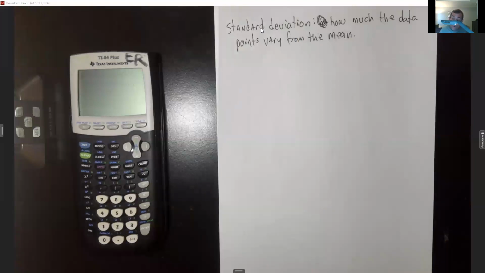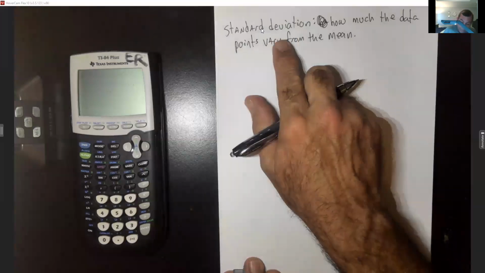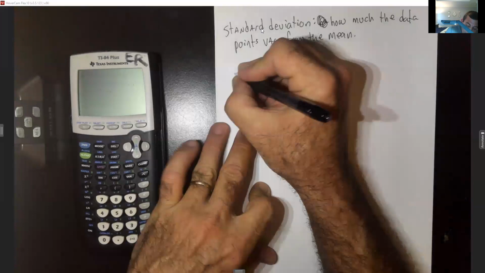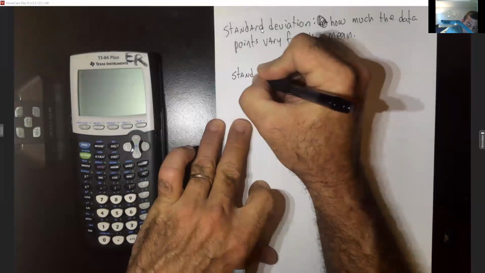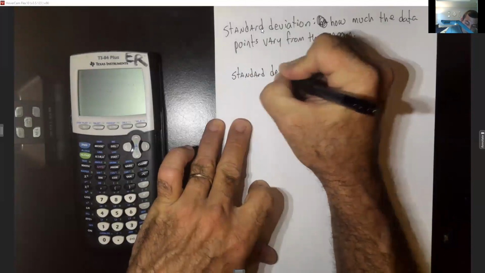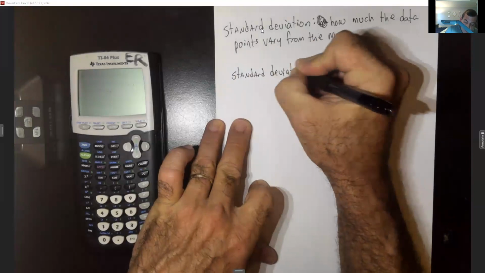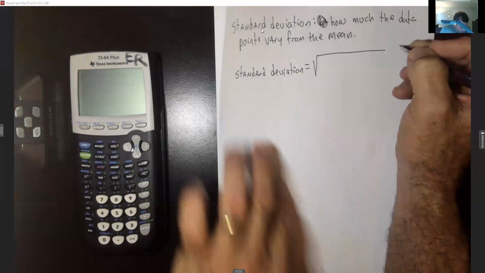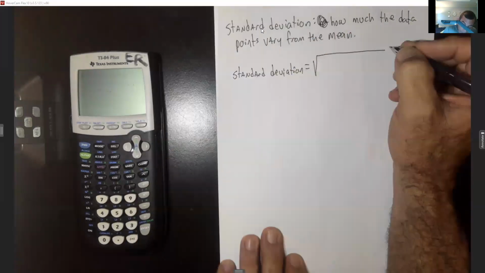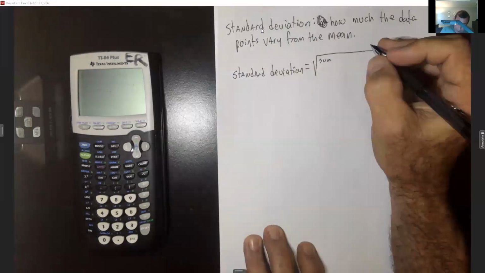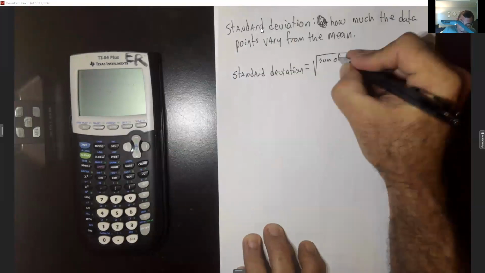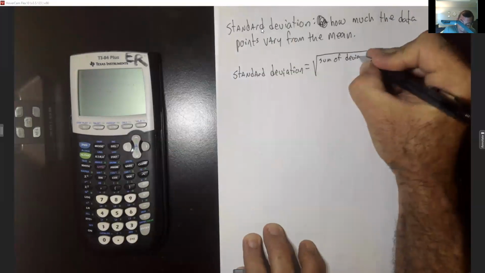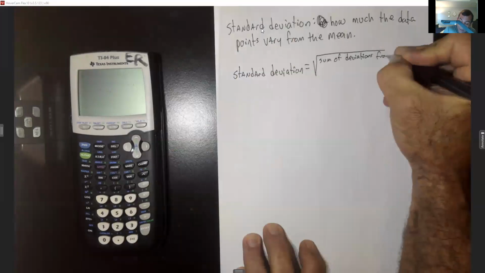So we're going to have a formula for standard deviation. So the standard deviation is going to equal the square root of the sum of the deviations from the mean.